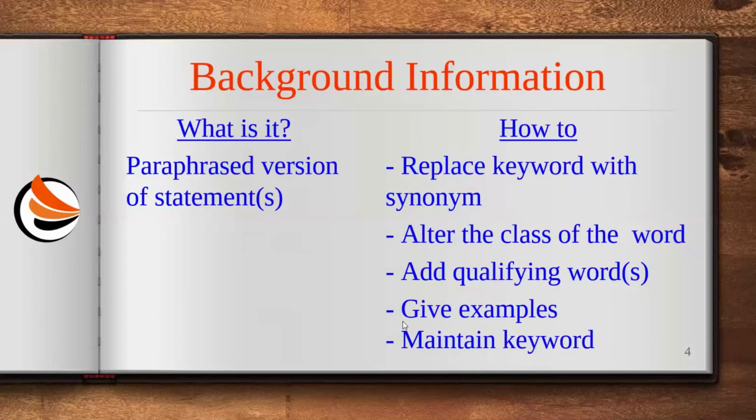It means that you're going to maintain the keyword, but then you want to add a qualifying word or words to that. So an example would be exercise. To make the meaning of exercise clear in the context of the question, you may qualify it with physical, with spiritual, with mental, depending on the context of the question that you have.